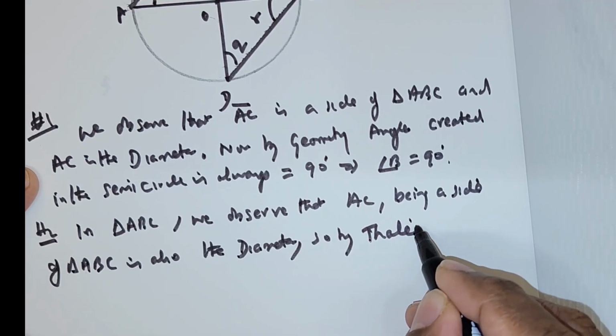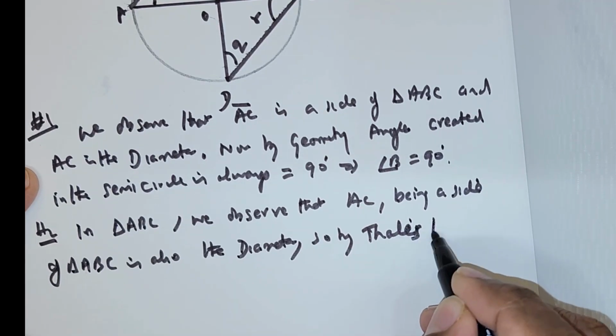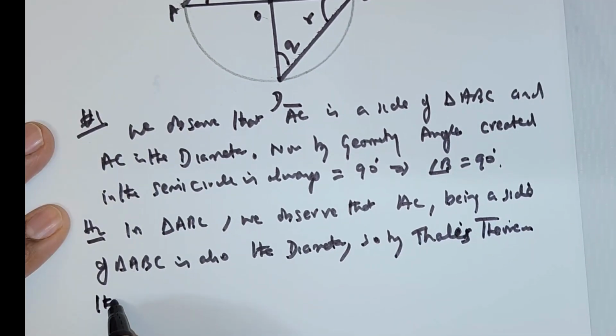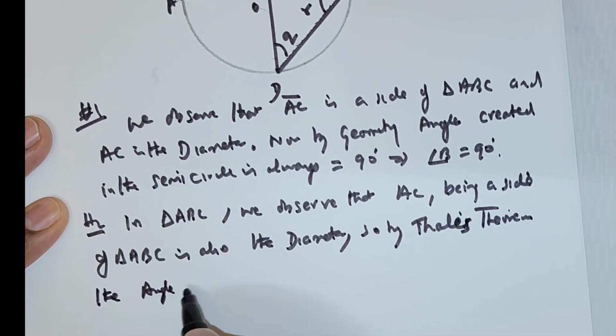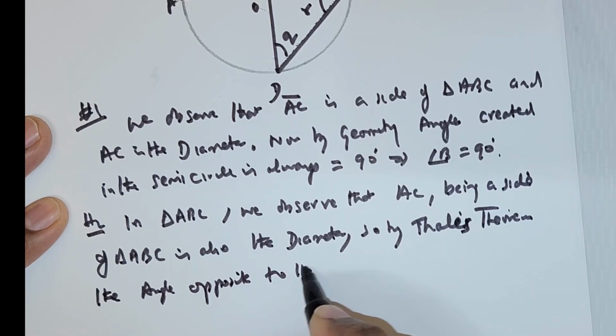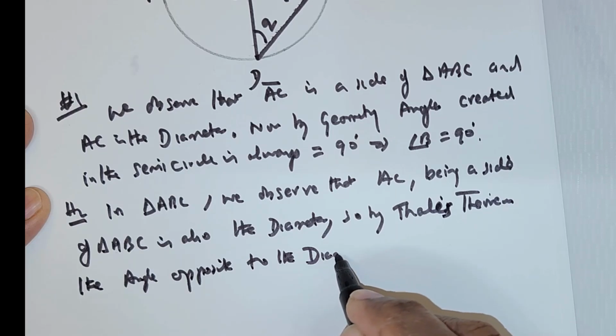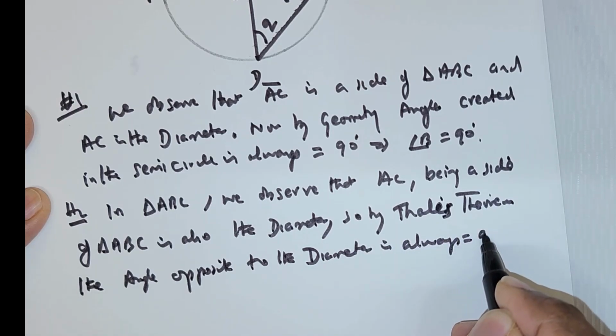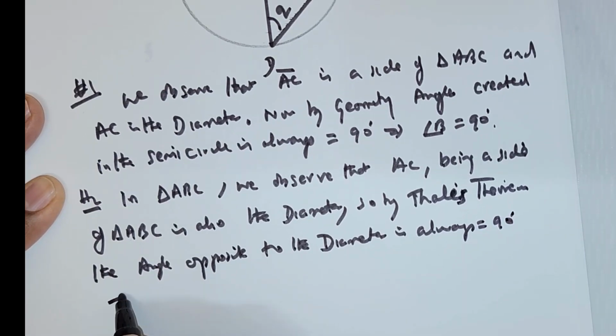By Thales theorem, the angle opposite to the diameter is always equal to 90 degrees. This implies angle B is equal to 90 degree.